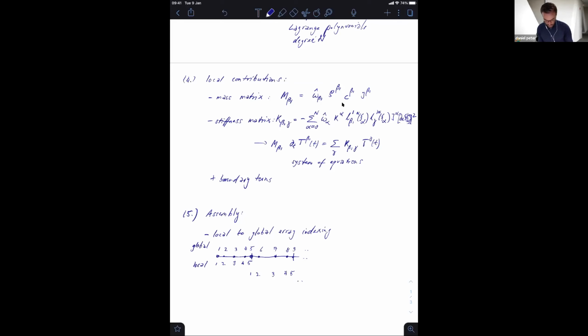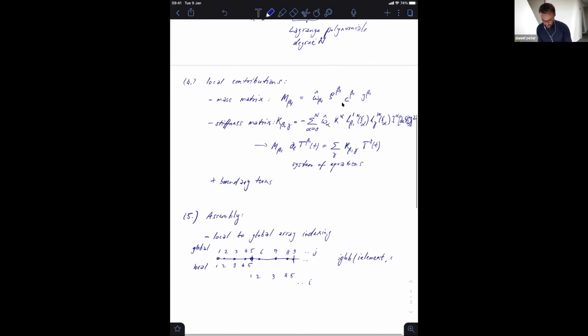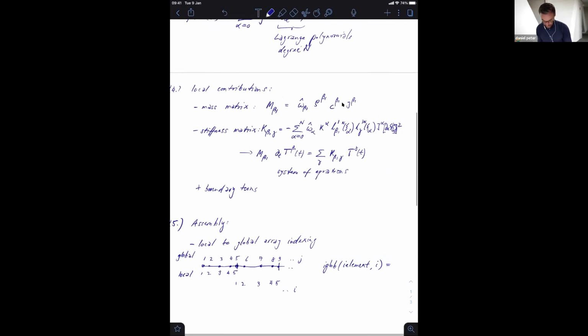So let's say the global index is J, the local index is I. Then what we need is an array like iglob, we often call it, which takes the element number, I element, and the local GLL point I index, and stores the global index J in that one.